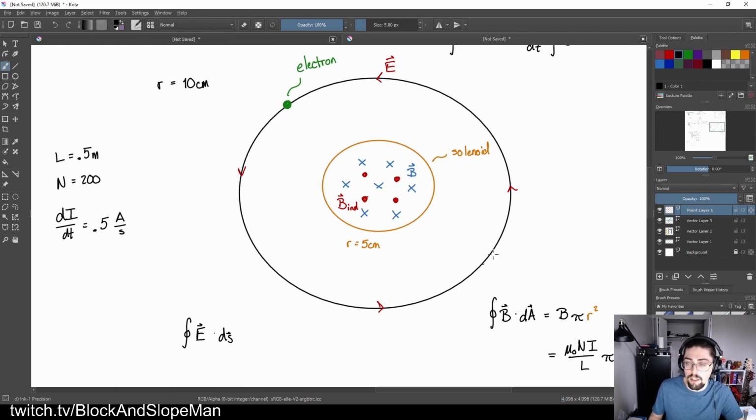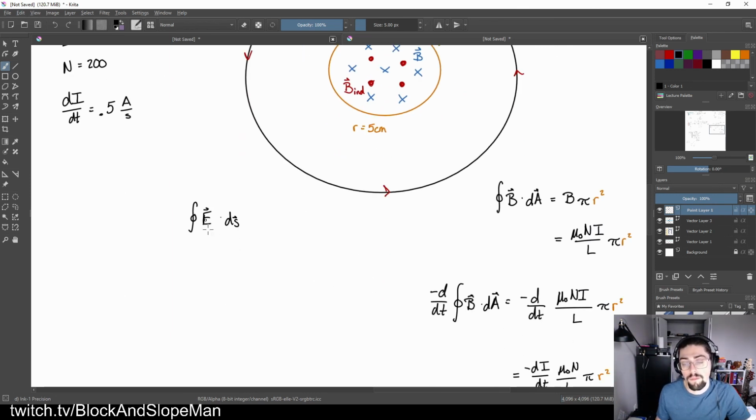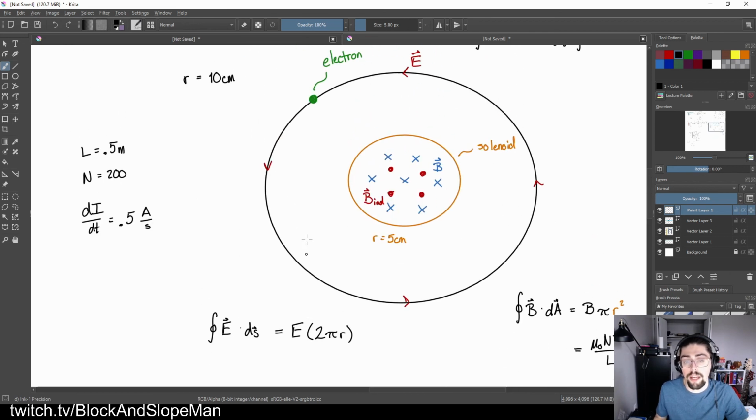We can also see that it should be uniform around the circle. If we change radii, if we go here or here, of course that's going to change, but since we are going around one circle that is concentric with everything else, this simplifies to E times 2 pi r, and this is the radius of the loop.